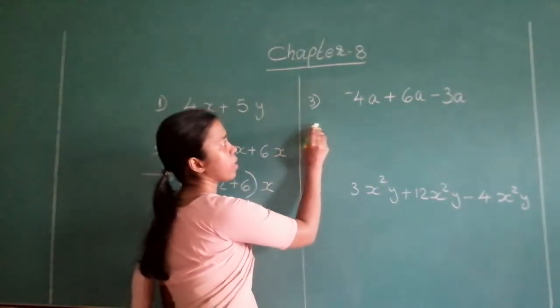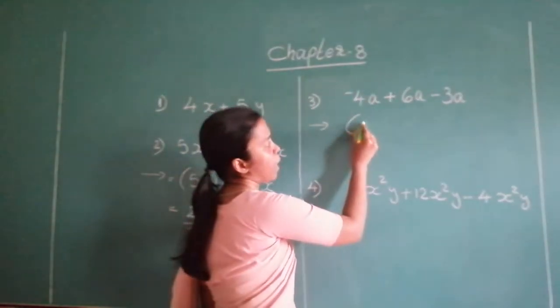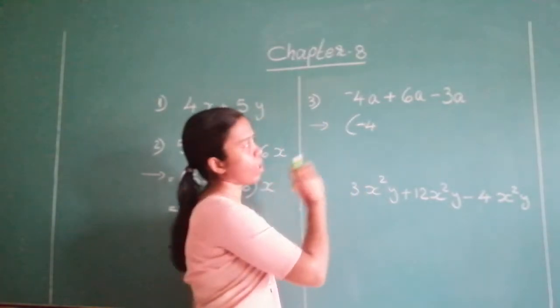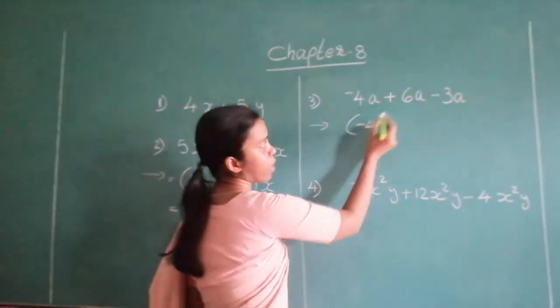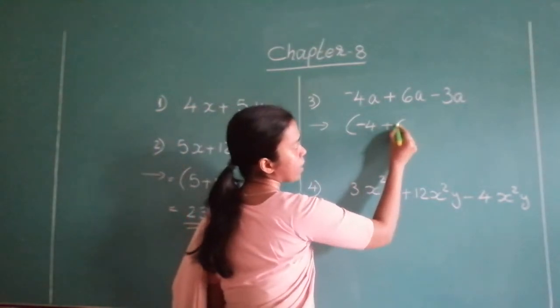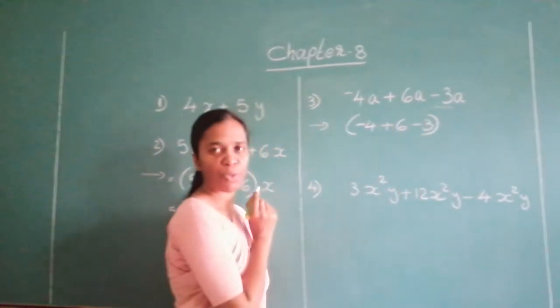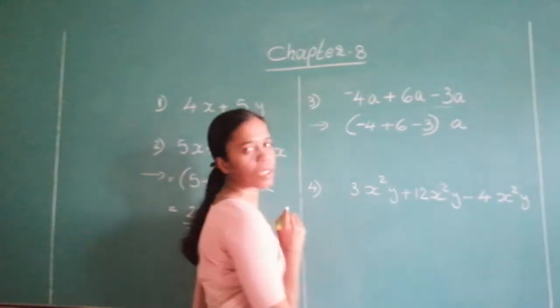How do I do it? I bring all the coefficients together. What are the coefficients? Minus 4, please take care of the sign. I have to write the coefficient along with the sign. Minus 4 plus 6 minus 3. These are my coefficients. Which is the variable throughout? a. So I take it out.